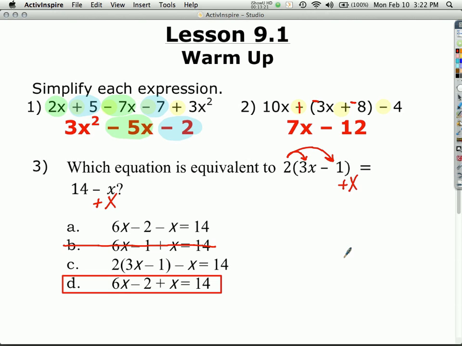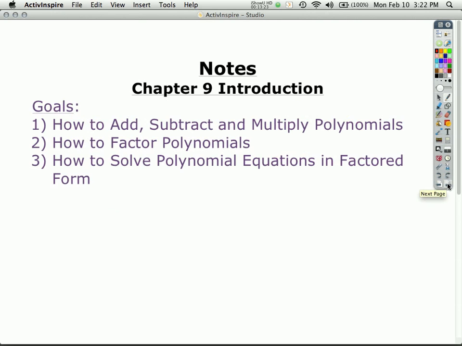So, first let's get an overview of the chapter. Chapter 9. You do not have to copy this, you need to read it. 3 major goals, and within those major goals are lots of smaller goals. We're going to be adding, subtracting, and multiplying polynomials. We're going to factor polynomials, and we're going to solve polynomial equations in factored form.